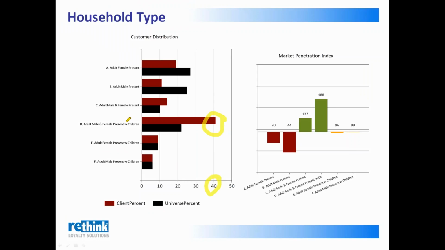About 40% of the households are mom, dad, and kids, and they're indexing at 188. So customers of Pacific Park Animal Hospital are 1.9 times more likely than average to be in a family with mom, dad, and kids. Secondarily, and these are probably those 55 to 64-year-olds, they're empty nester couples.